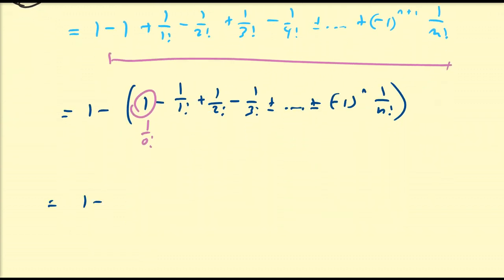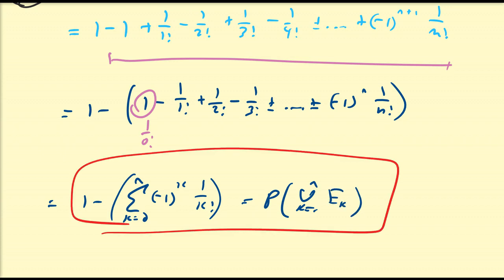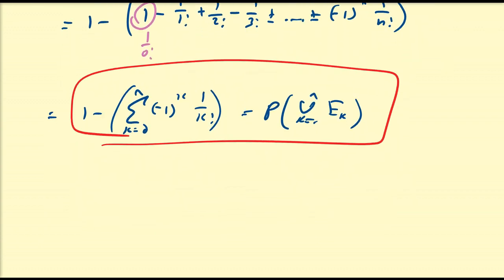So what I've done is I've written this in the form the sum from k equals 0 to n of negative 1 to the k, 1 over k factorial. So this is the probability of the union of the Ek's.